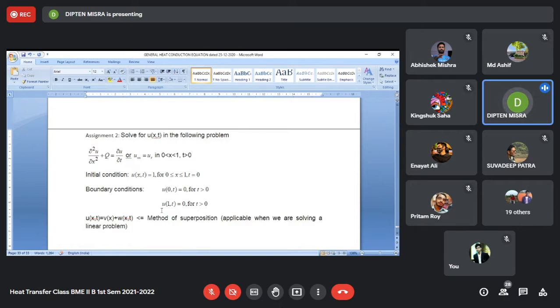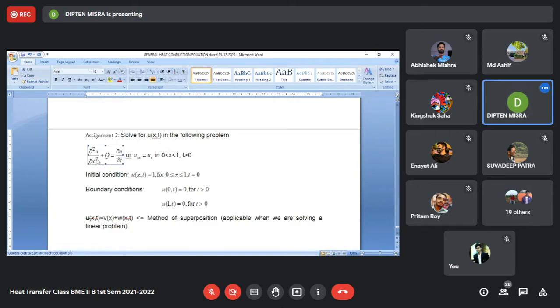And for linear problems, we can add two problems to get a solution for our desired answer. Now we define this problem V like this.